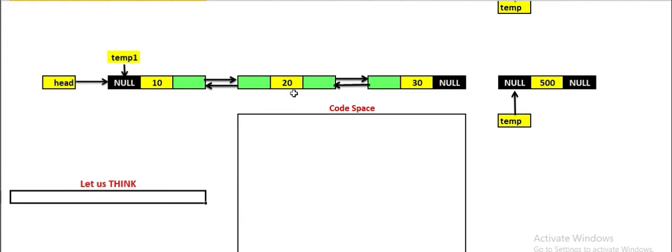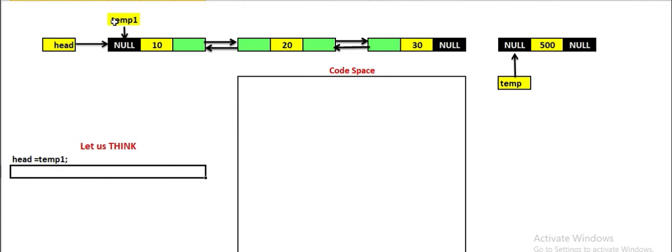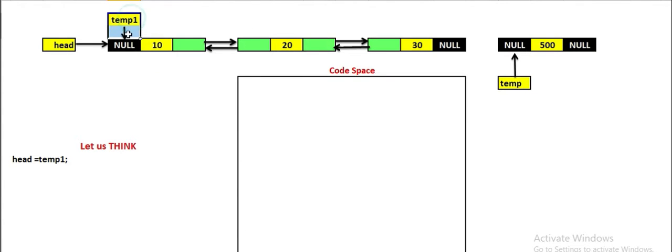Okay, so first we will say that temp1 is equal to head. So when we give this, your temp1 will point to the first node where head is pointing to, and then we are going to move this temp1 to the last node. So what are we going to write?